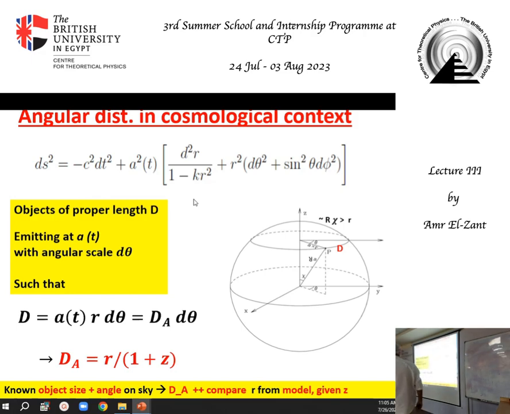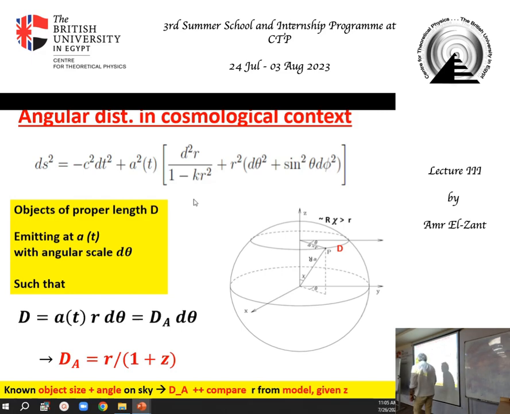That's the main difference. And you do it when the light is emitted, at a equals a_e, for the angular diameter distance. So it's the same thing, but you measure when the light is emitted, okay? Because you want to measure its angular size.